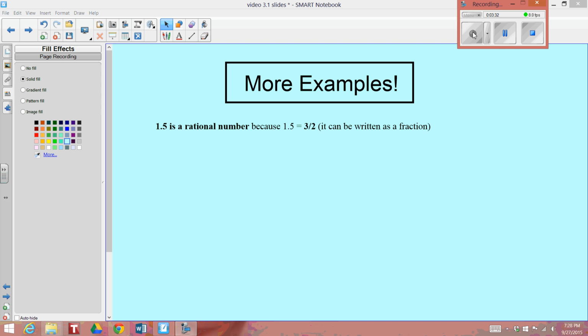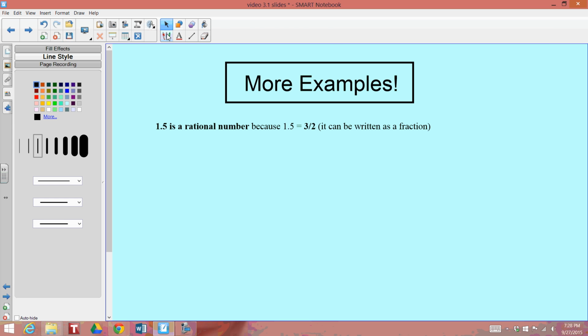Here's another example. Is 1.5 a rational number? Well, it is, because 1.5 is the same as saying 1 1/2, or I could write it as 3 halves, 3 over 2, which is in fraction form.